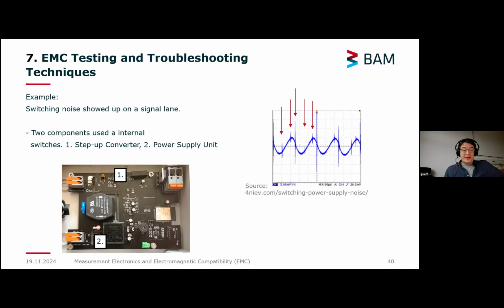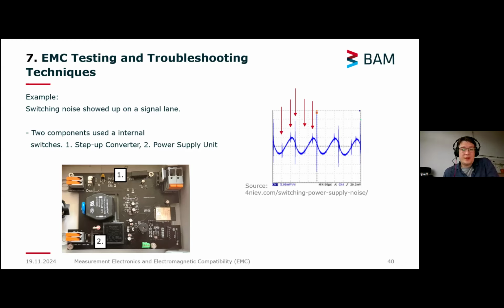On this tiny chip, it converts the current into voltage. And on that voltage line, on that signal lane, I have found some switching noise, which is shown by the red arrows on the right side. That's the signal shape of a switching noise, for example.